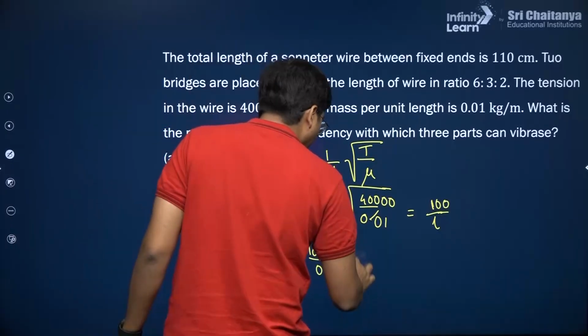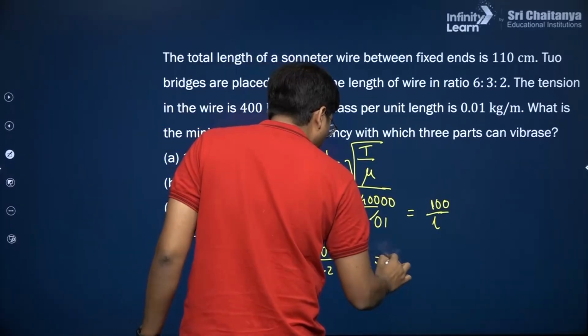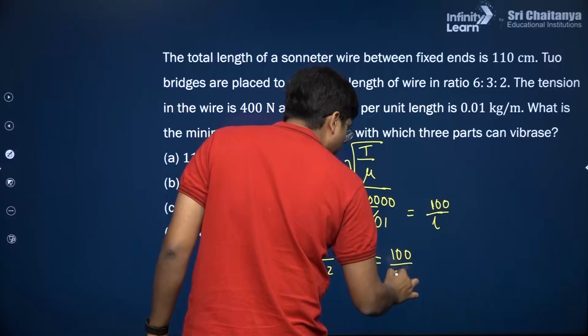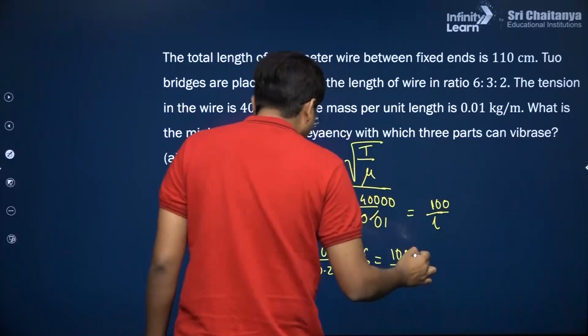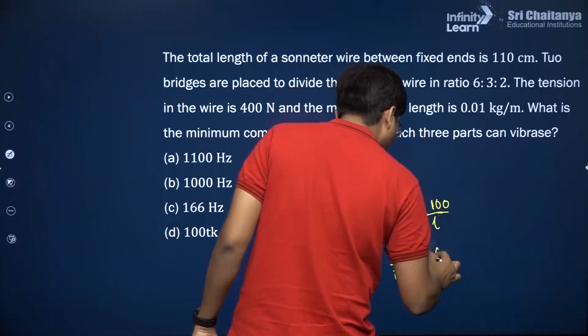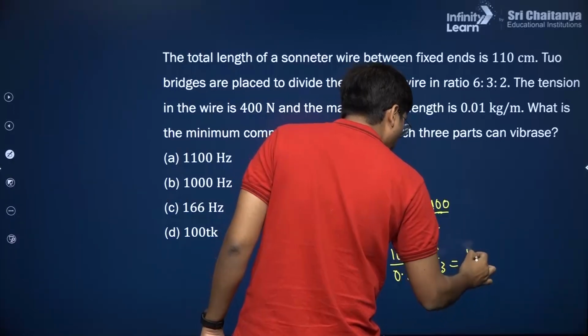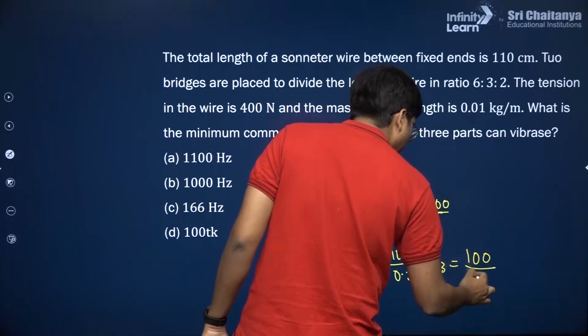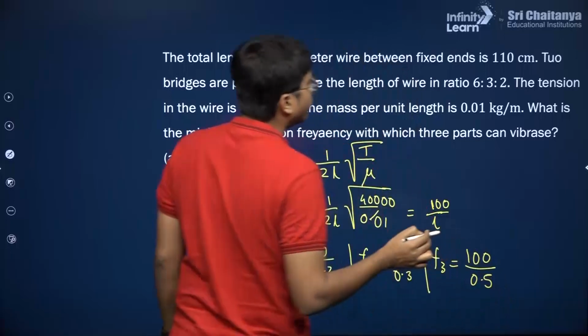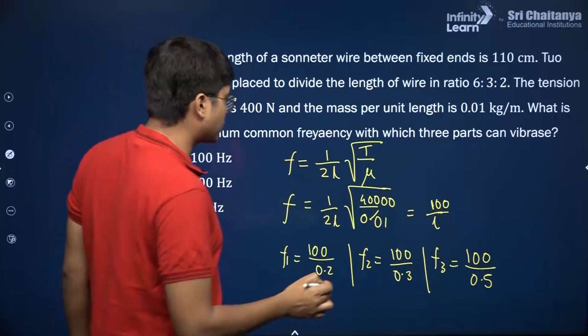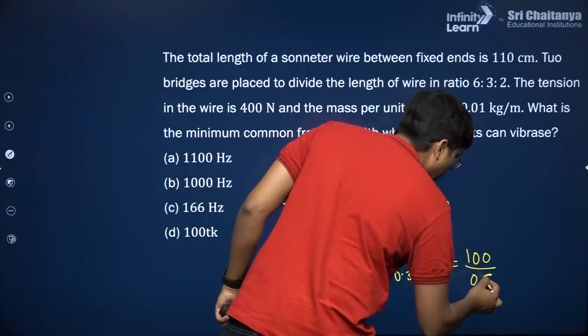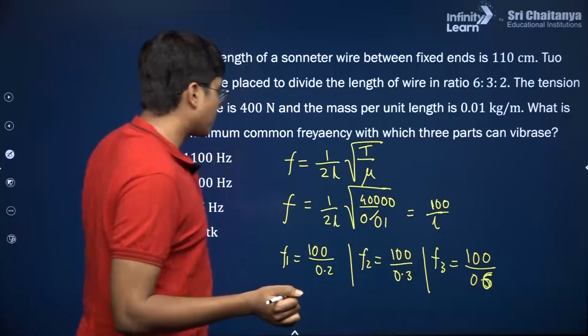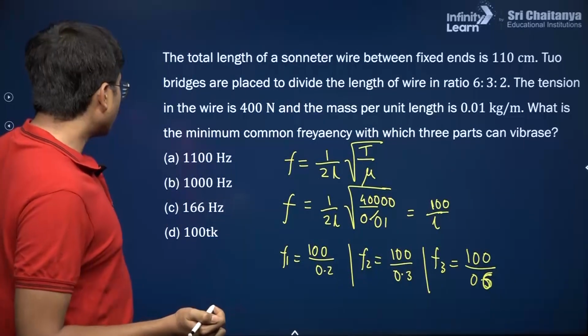For the next one, F2 is equal to 100 divided by 0.3. And in the next case, F3 is equal to 100 divided by 0.6.